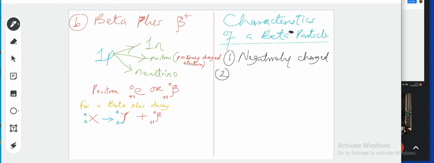Number 2, it is less massive than an alpha particle. Which one has the highest mass? Alpha.